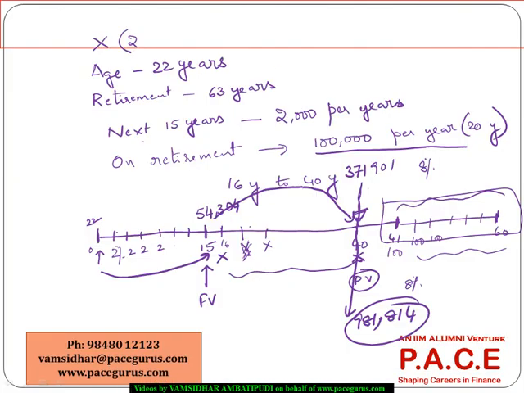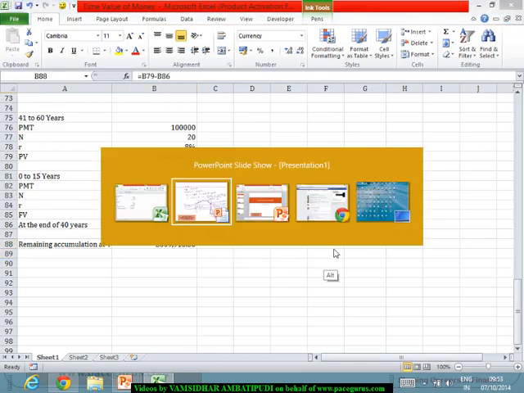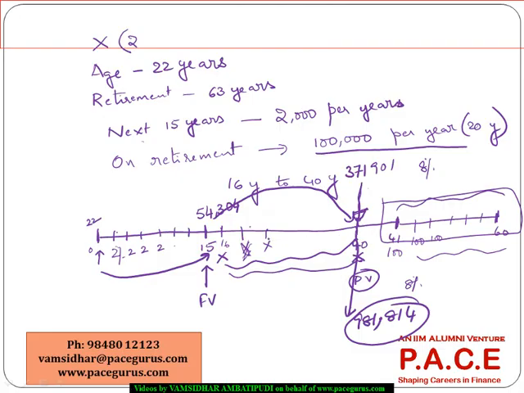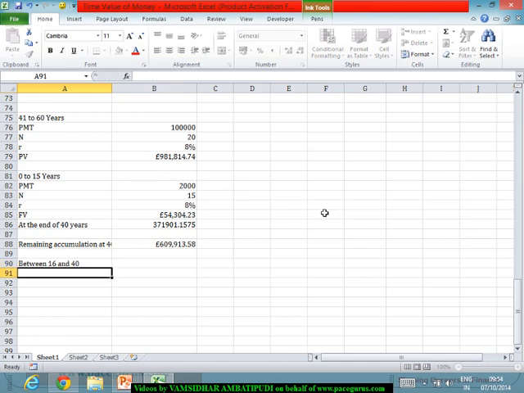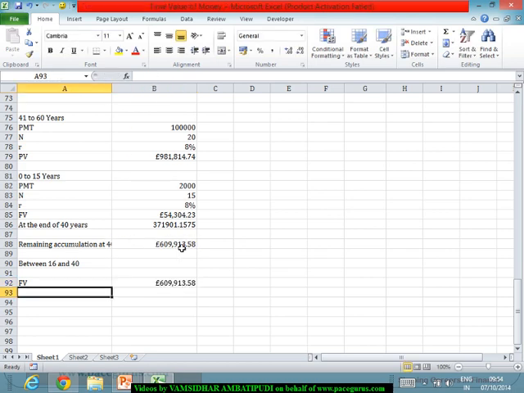So now, keeping this in mind, if the future value is going to be this much, now between 16 and 40, if I have to work out, what will happen? My future value which I have to accumulate is going to be this much.